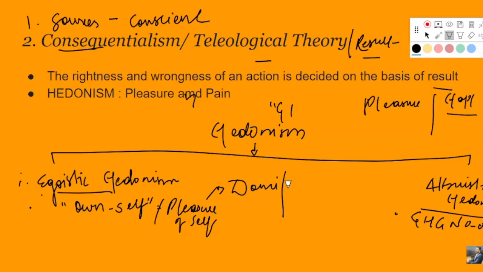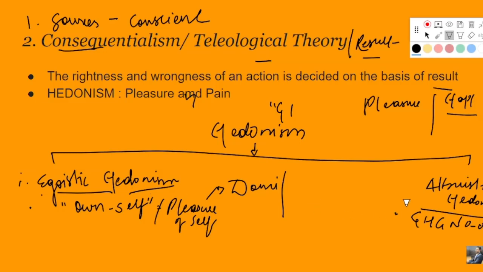Most Western countries are being driven by a sense of egoistic hedonism, and that is why several problems, even mental health problems like depression and anxiety attacks, are resulting as a consequence, right? So this is the difference between egoistic hedonism and altruistic hedonism.